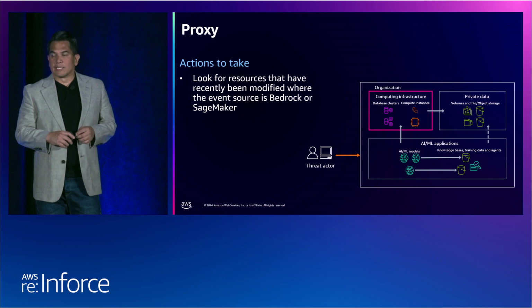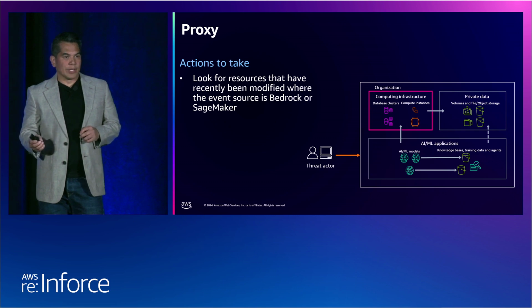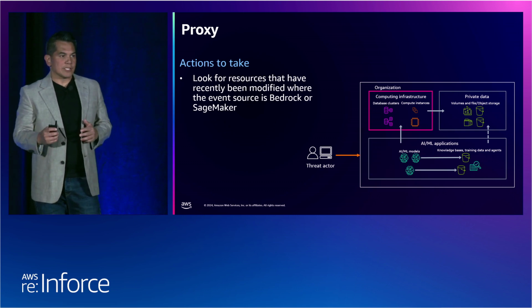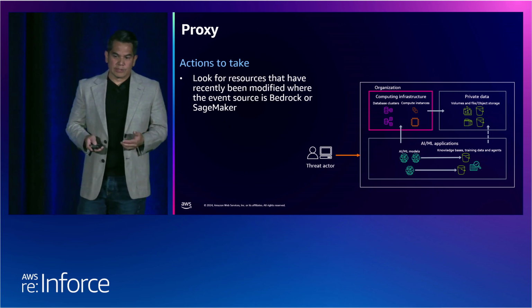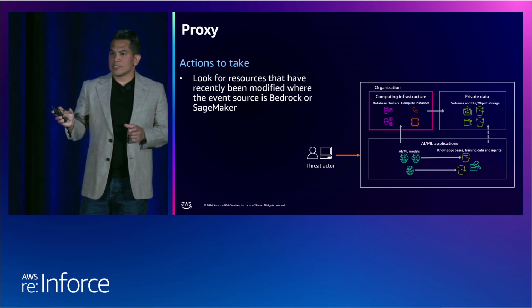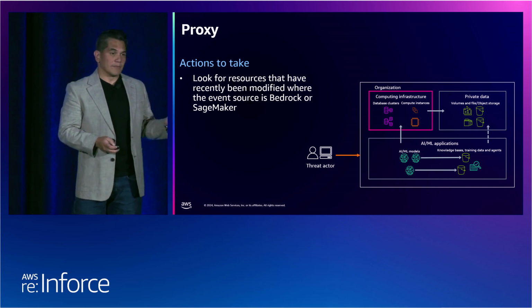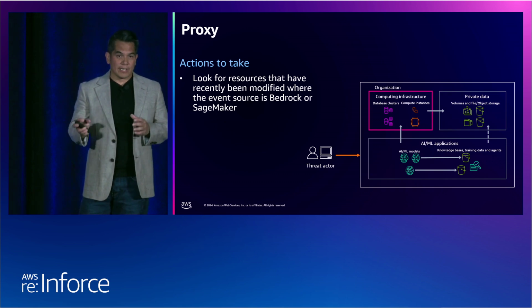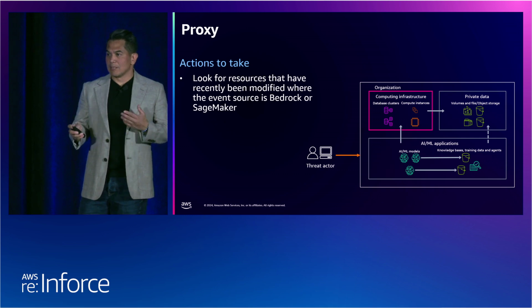Okay. And the last element of the 7 that we're going to cover today is basically proxy. So you want to take a look and see whether your AI ML application called resources on its behalf or on behalf of the user. The way you do that is to look at the actions where the event source is Amazon Bedrock or SageMaker. Before, we looked at CloudTrail events where the mutating event had an event source of iam.amazonaws.com.